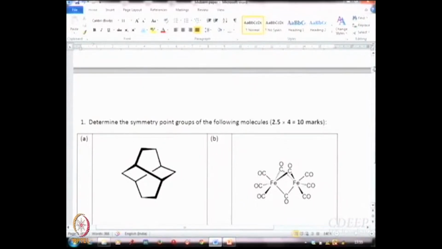What is the first one? What is this? Tell me. D2, right? Where is the C2 axis? This is one C2 axis, and joining these two, is that a C2 axis?